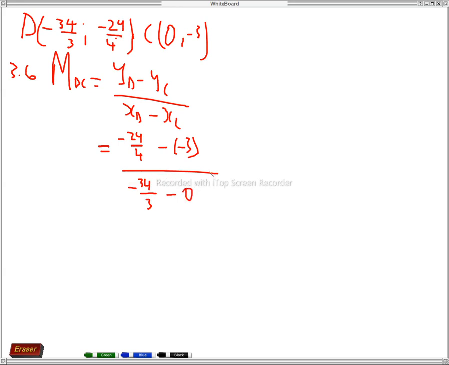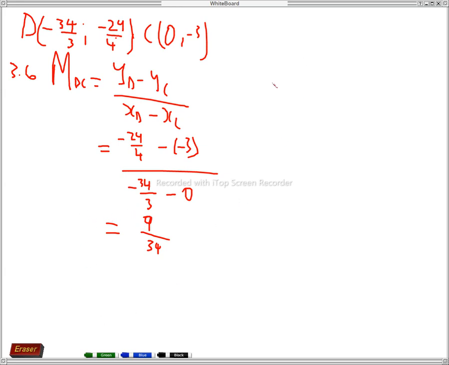Just use your calculator to punch this. When I punch my calculator, I get something like 9 over 34, which is 0.264.